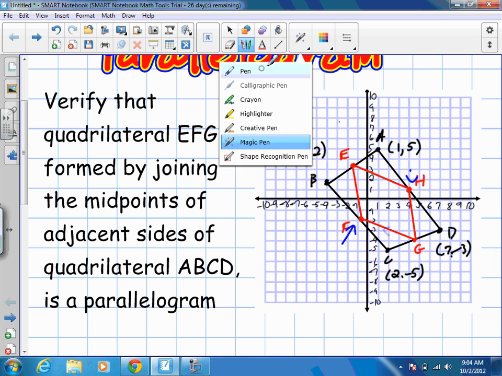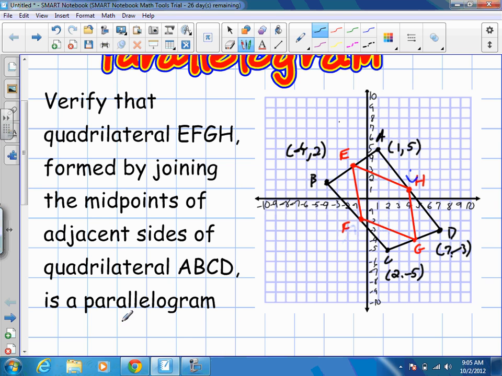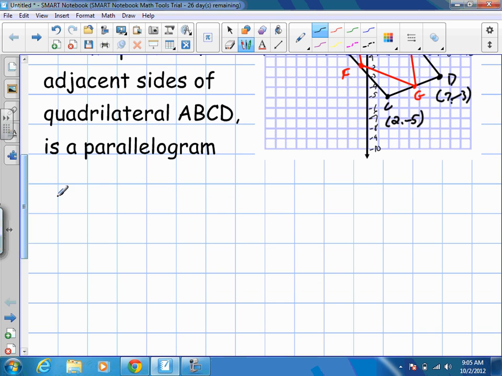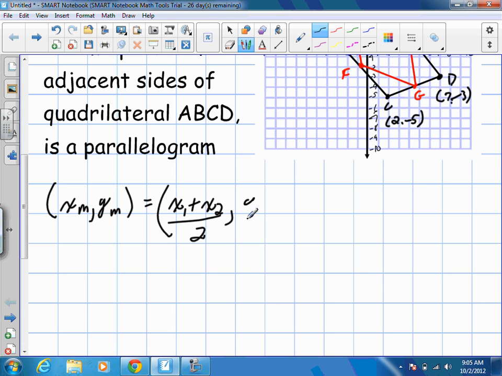So, very first thing, in order to find the midpoint, we'll write that formula down just once at the beginning. We know our midpoint formula is (xm, ym), which is equal to adding the two x values together, x1 plus x2, dividing by 2, and then doing the exact same thing with the y's.